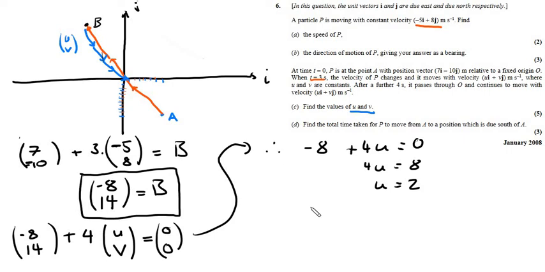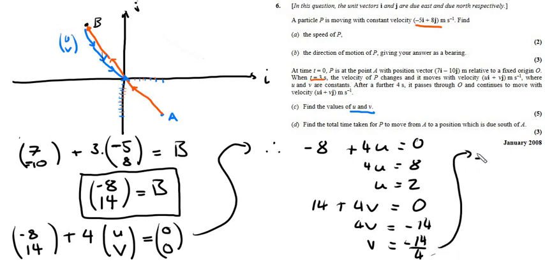And similarly, 14 plus 4v equals 0. So 4v equals negative 14, and v equals negative 14 over 4, which just equals negative 3.5.